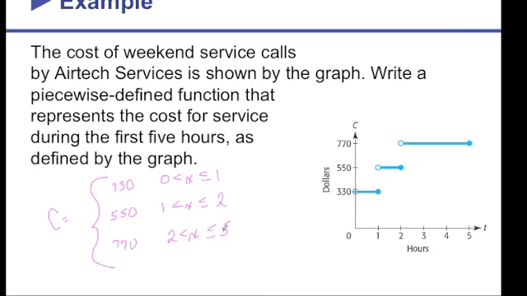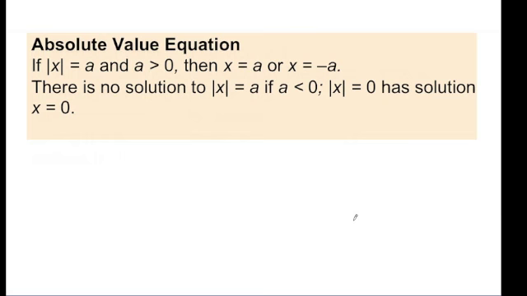It's greater than 2 hours up to 5 hours. This then becomes my piecewise function. So if the repair took, let's say, 1.5 hours, well, 1.5 hours would fall in here, and it would cost $550.